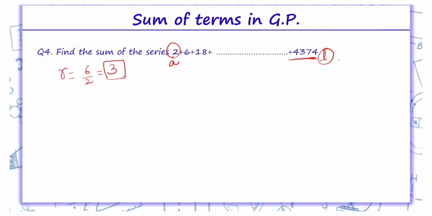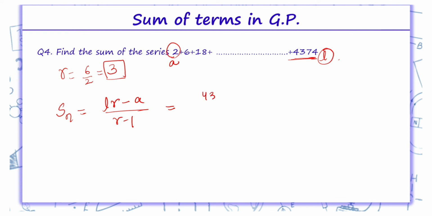Now since R is greater than 1, for the sum of n terms, how many terms there are we don't know, but since we are provided with the last term, we won't calculate the value of n over here. The formula is LR minus A upon R minus 1.